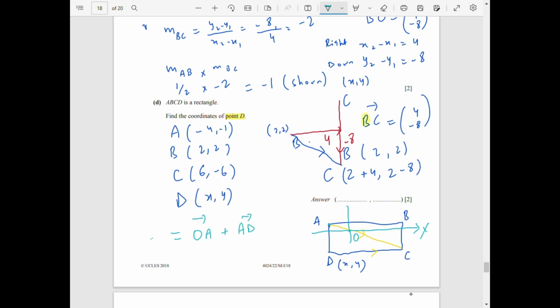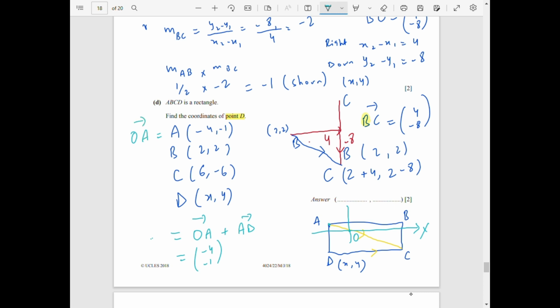That is going to give you the coordinates for D, because if you know the coordinates of A, and that you already know, that is -4, -1, because any point on the Cartesian plane is actually the distance or the vector from the origin to A by default. So A can be said to be OA, right?